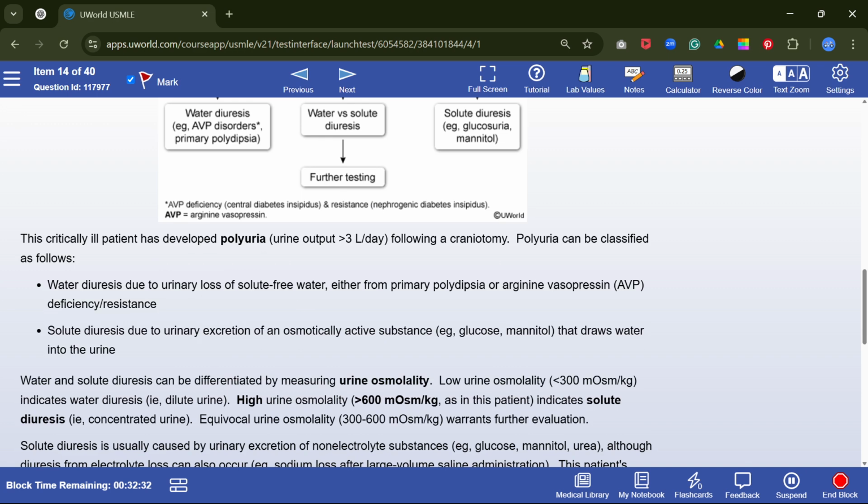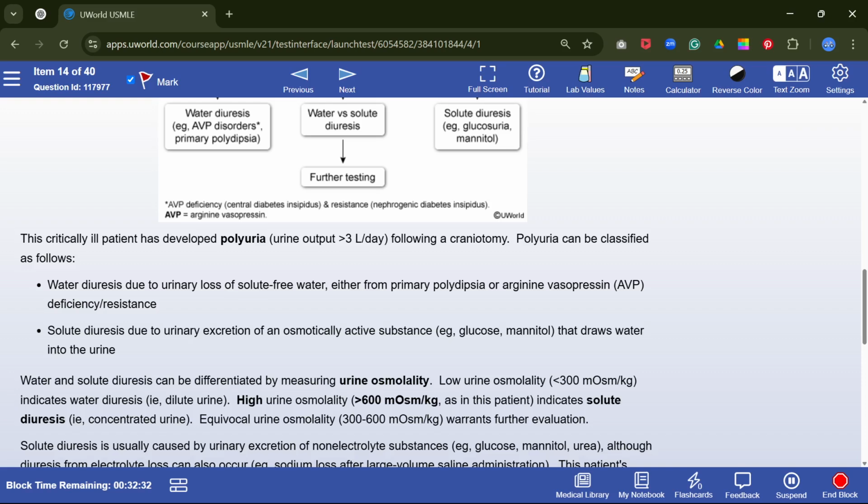This critically ill patient has developed polyuria, urine output more than 3 liters per day following a craniotomy. Polyuria can be classified as water diuresis, due to urinary loss of solute-free water, either from primary polydipsia or from arginine vasopressin resistance or deficiency.